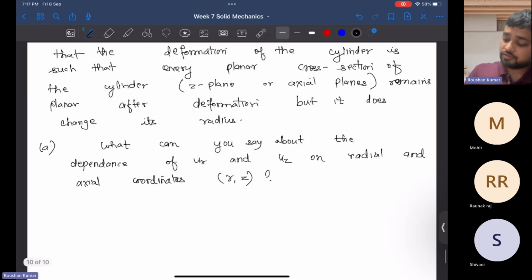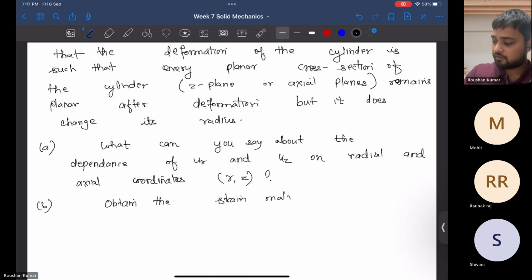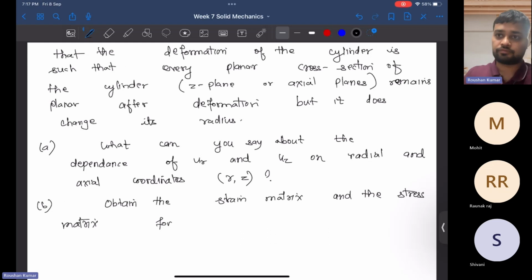The second part is, obtain the strain matrix and the stress matrix for the above problem.